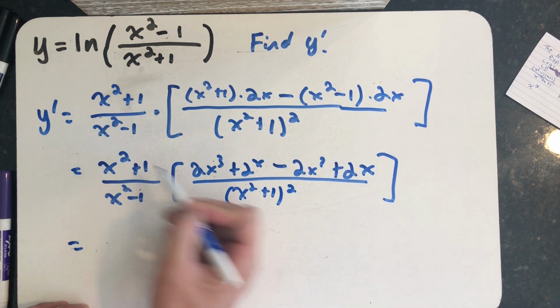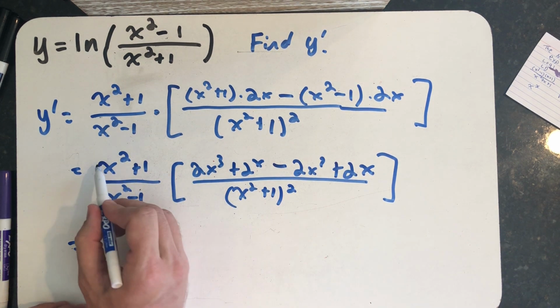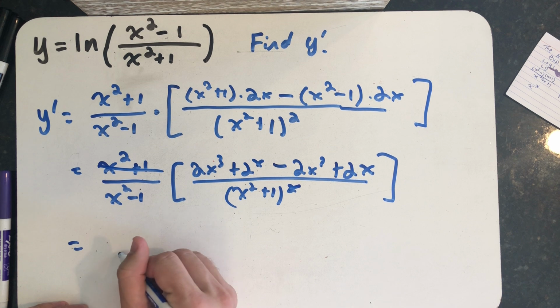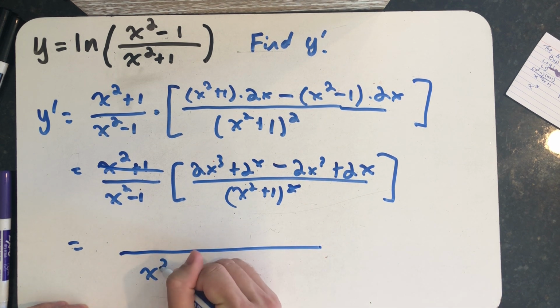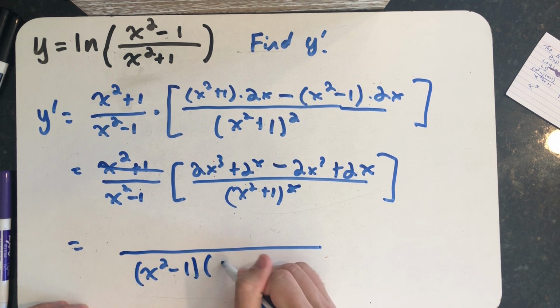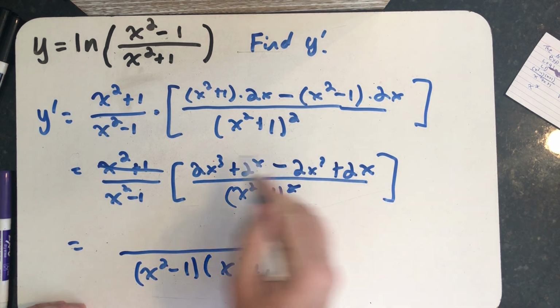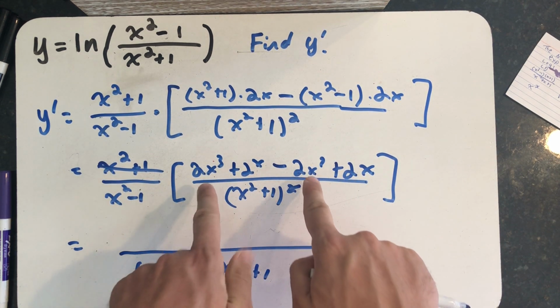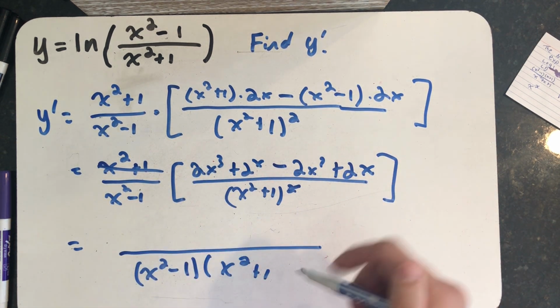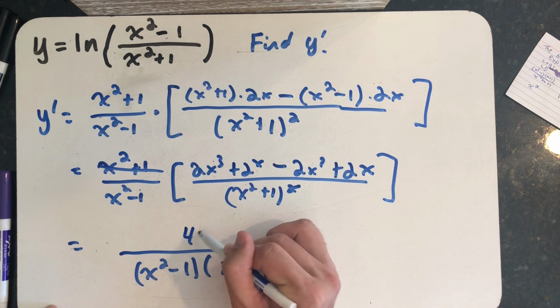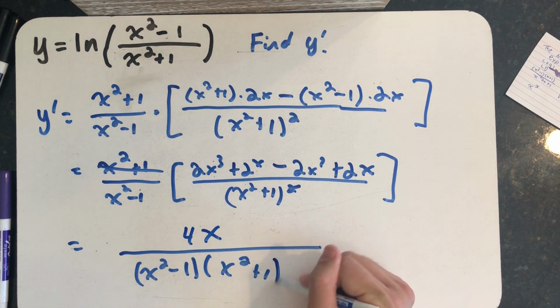All right, well I have an x squared plus 1 and an x squared plus 1 all squared there, so I can cancel one of those. On the bottom I'll have x squared minus 1 times x squared plus 1. And here on the top, the 2x cubes cancel, and I end up with a 4x. And there's my nice happy derivative.